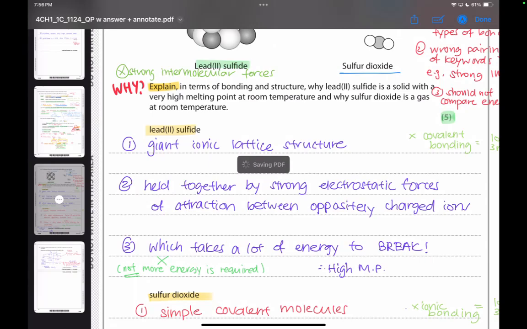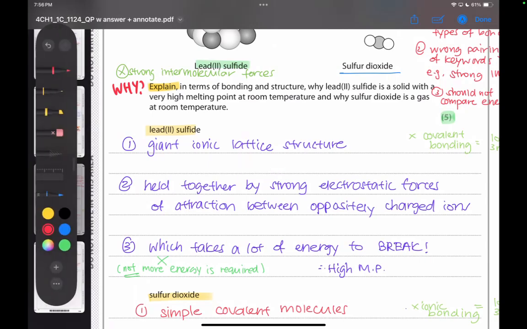If you need to label 1, 2, 3, 4, just draw your attention towards it. It will be quite helpful as well. So you want to explain in terms of bonding and structure why lead sulfide is a solid with a very high melting point at room temperature, and why sulfur dioxide is a gas at room temperature.